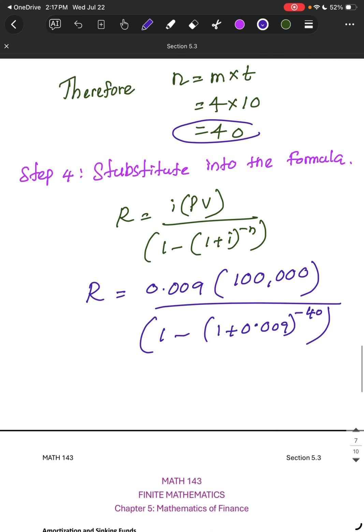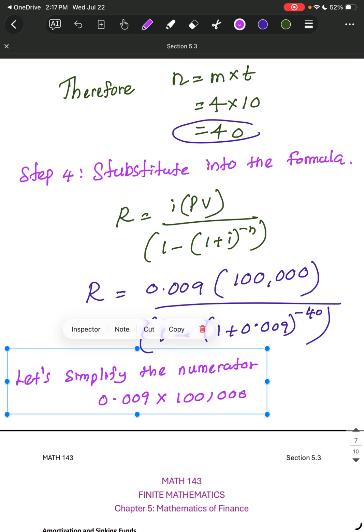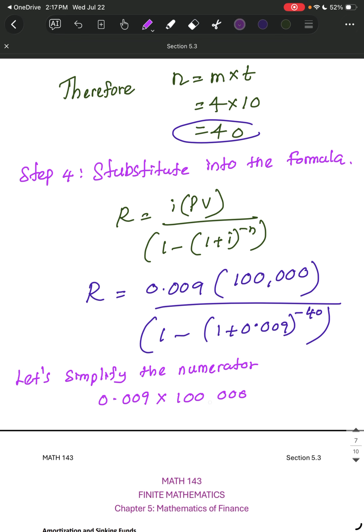And then let's first calculate the numerator. Let's simplify the numerator first. 0.009 times 100,000 is 900.